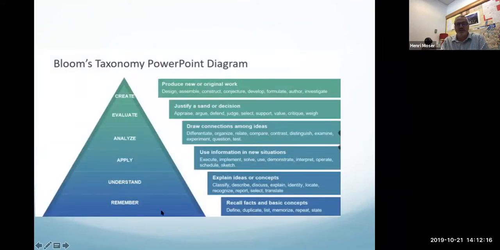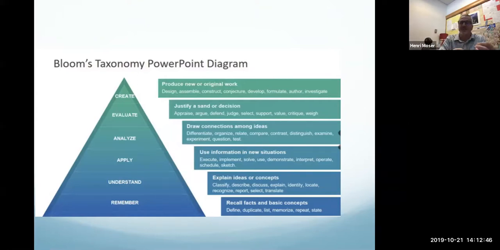Okay, so another example, you guys, remember, we're just recalling facts. Understand, we're explaining those facts. Application, we're using the information in new situations. Here's some quick examples of verbs. Analysis, you're drawing connection among ideas. And I think a great understanding for analysis when you're teaching the kids is, when you're analyzing a frog, you're breaking up a whole, right?